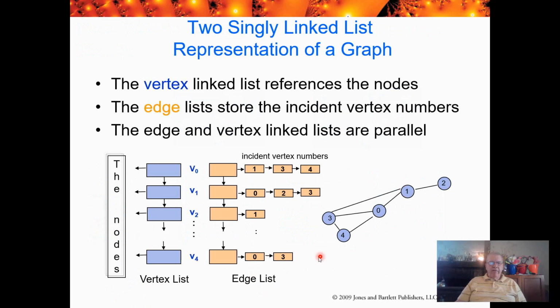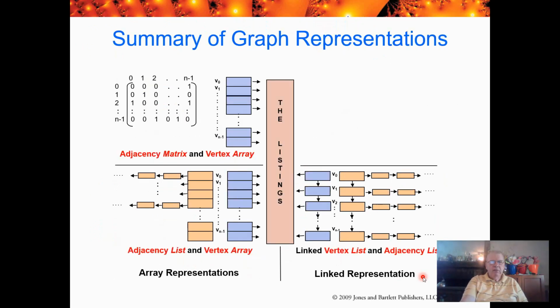Now here's our favorite graph again, and you might have two singly linked lists. If you don't know exactly how many vertices there are at the start of this representation, you could have a linked list. So here's a summary of the 3 representations.